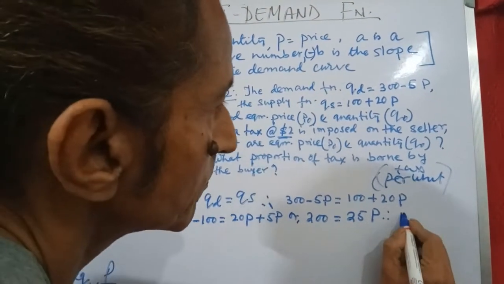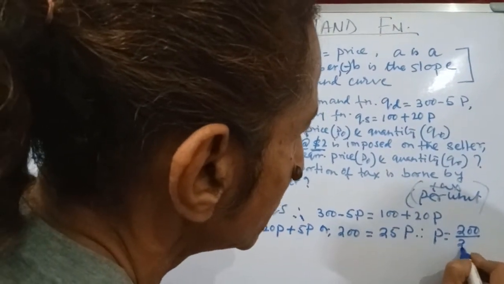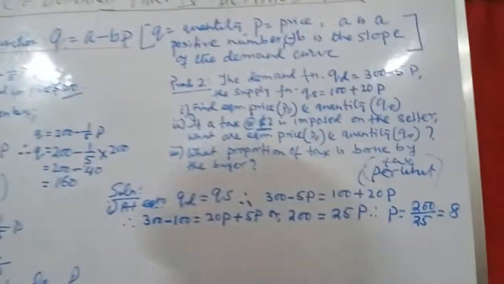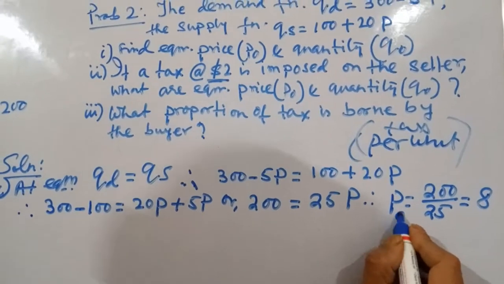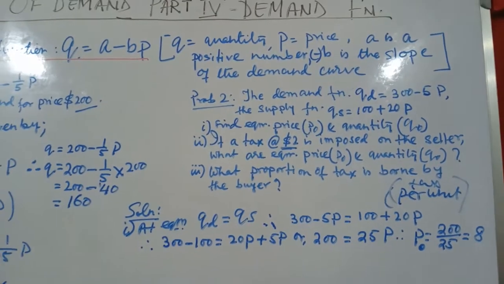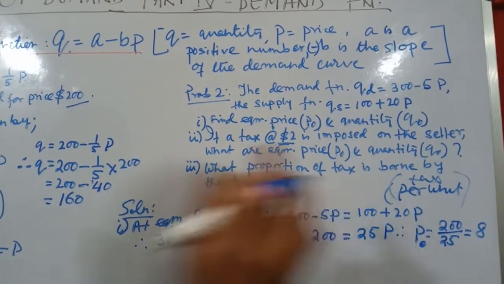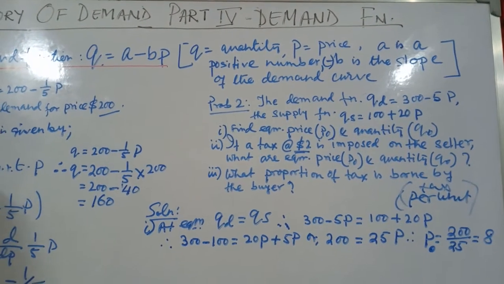Therefore P equals 200 divided by 25, that is 8. That is P0 equals 8. Equilibrium price is 8. We are denoting the equilibrium price by P0. So P0 is 8. Equilibrium price is $8.